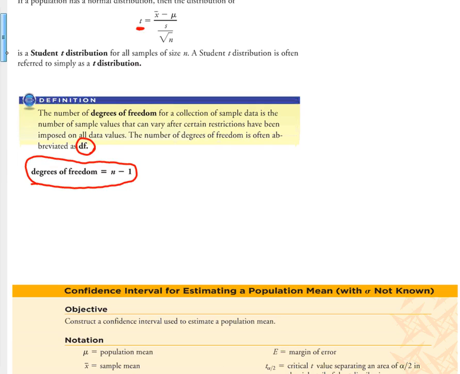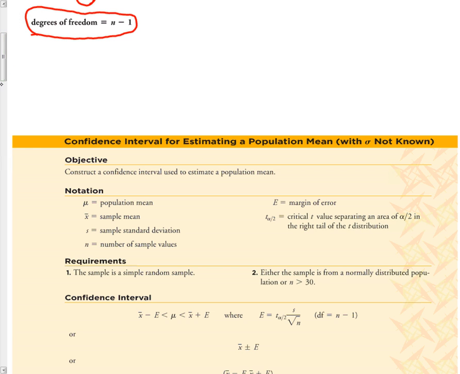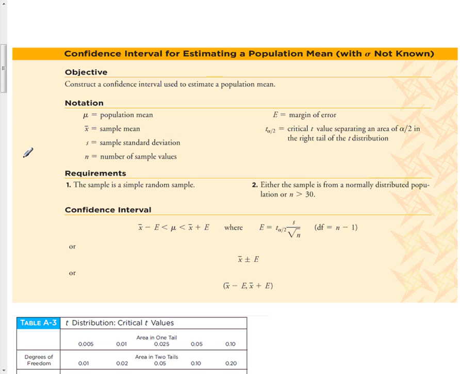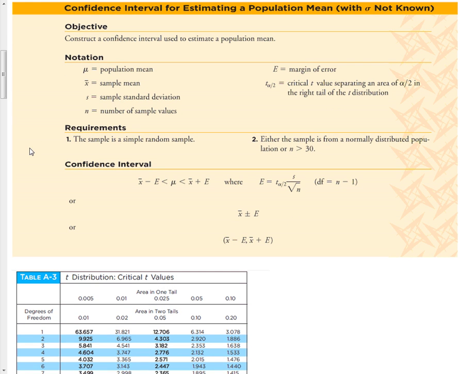All right. So here it is. This is how we make a confidence interval estimate for a population mean when sigma is not known. So the objective is to construct a confidence interval used to estimate a population mean, just like the objective was when we knew sigma.